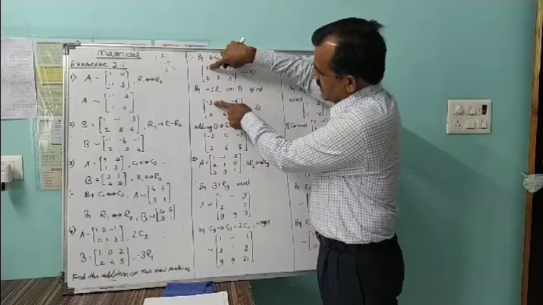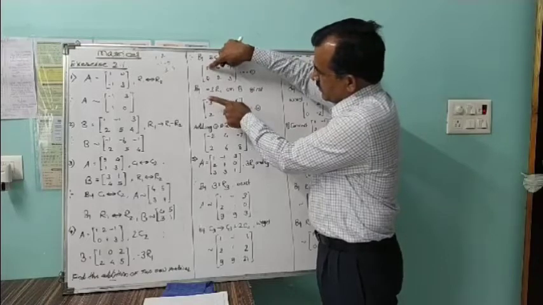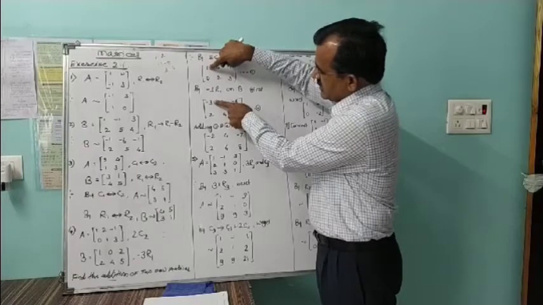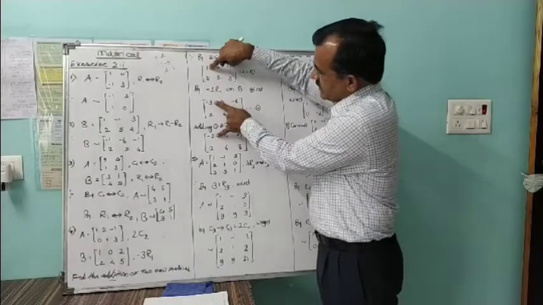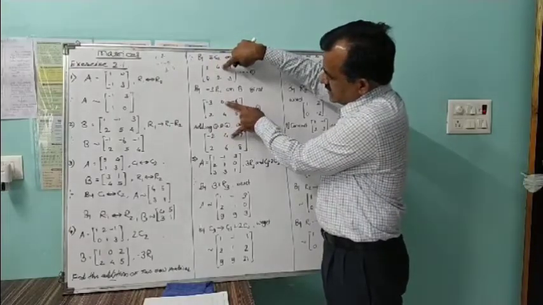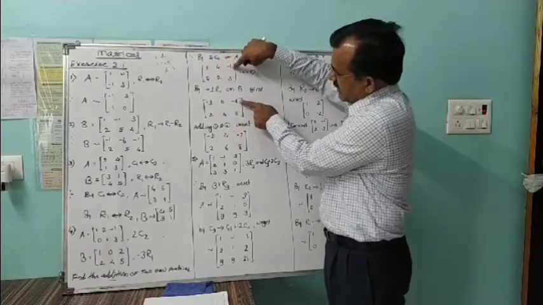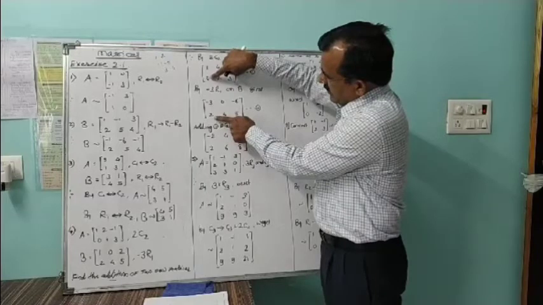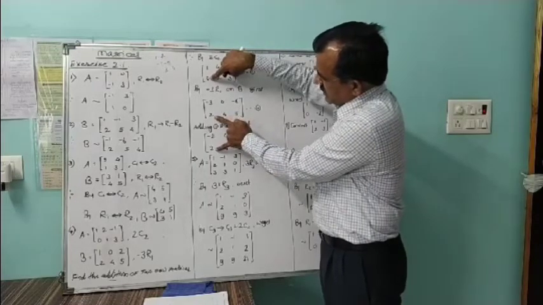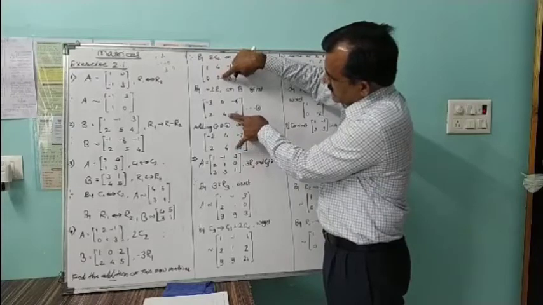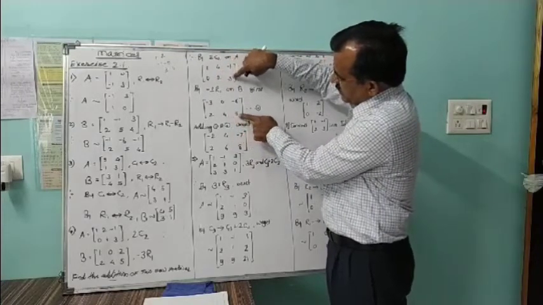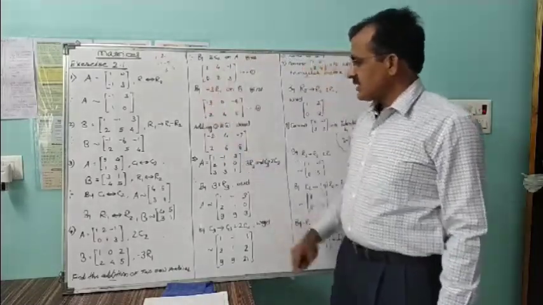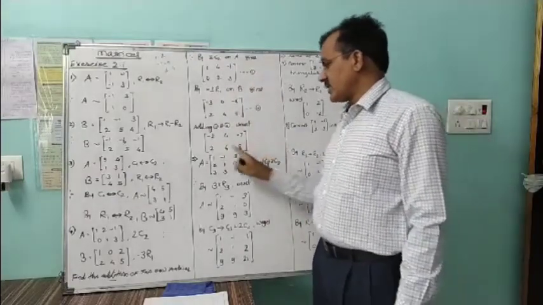So 1 plus -3, answer is -2. 4 plus 0, answer is 4. -1 plus -6, answer is -7. Now the fourth pair: 0 plus 2, this is 2. 2 plus 4, this is 6, and 3 plus 5, this is 8. So we have got these two matrices and after adding them we have got this answer.